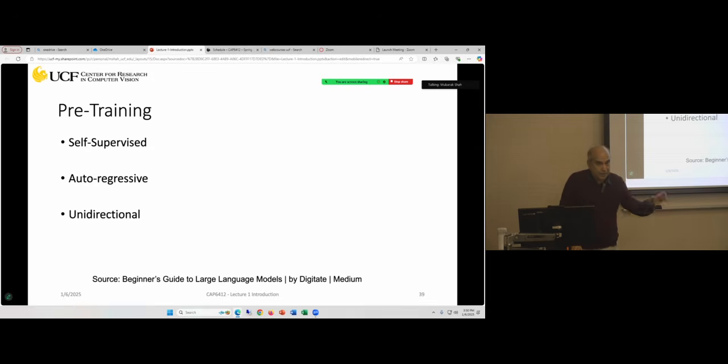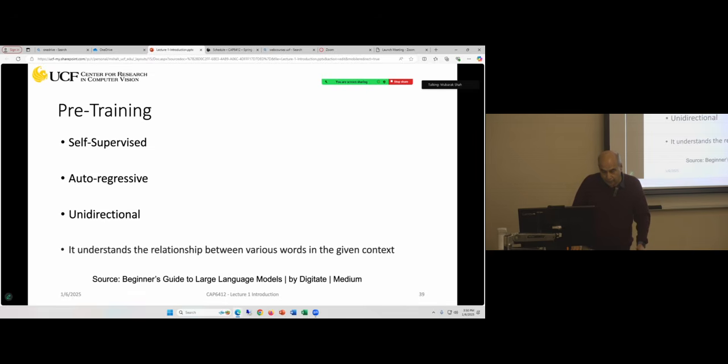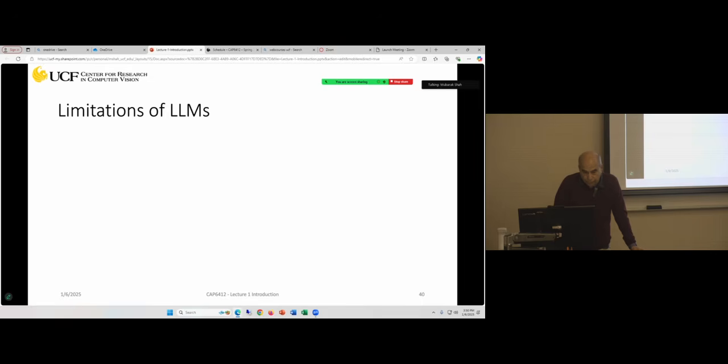And it's unidirectional because it's a sequence. Okay? So it's causal. You're not going to use the next words. It will predict the next word. So it will somehow figure out the relationship between various words in a given context.